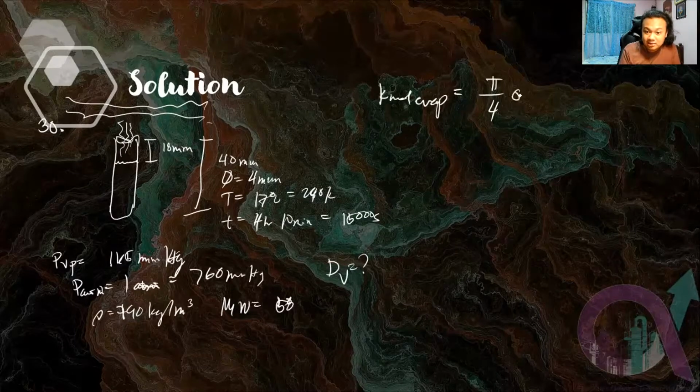Okay, so you have 0.04 m, that's the volume, and then how much did it go down? It's 9.5 millimeters.